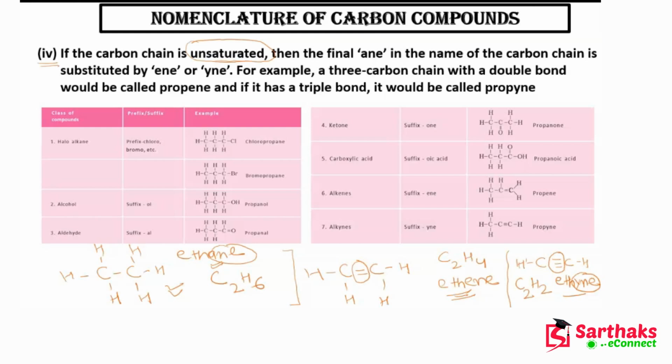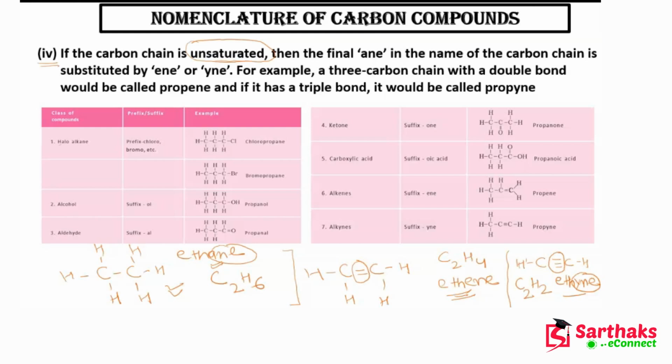Ethane is a saturated carbon chain with only single bonds, but ethene is an unsaturated carbon chain because of the presence of a double bond. Similarly, in ethyne there is a triple bond, so that's why it is ethyne. Similarly guys, let us see some of the functional groups.